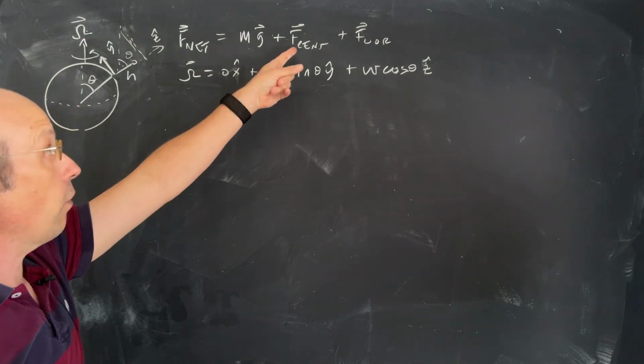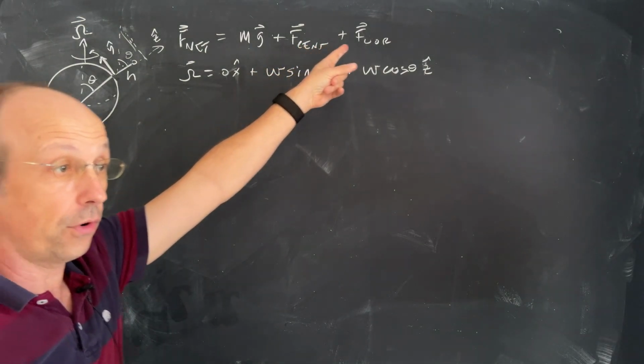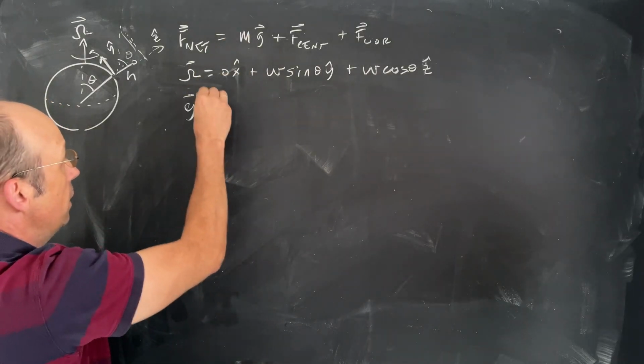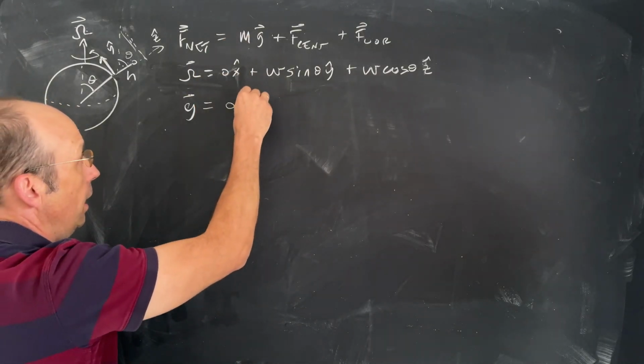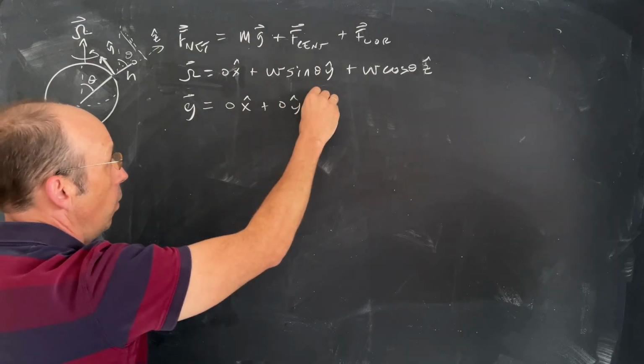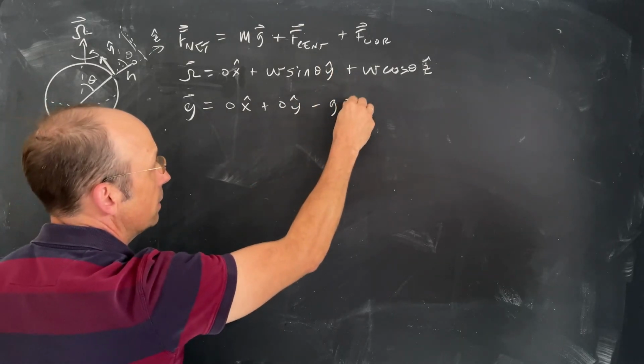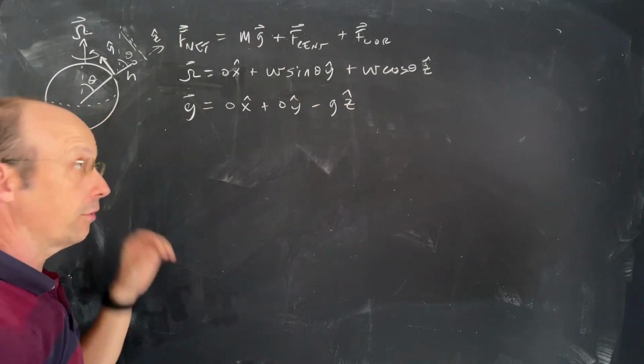So let's go ahead and write my definitions for the centrifugal and Coriolis force. I should note g is going to be 0 x hat plus 0 y hat minus g, 9.8, z hat, because z is my vertical direction.